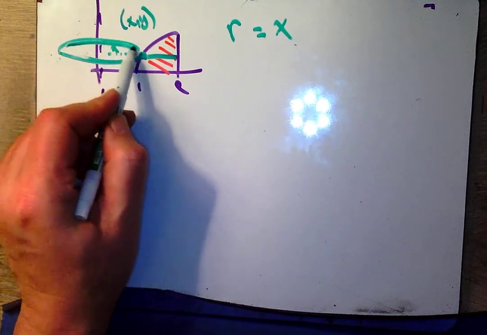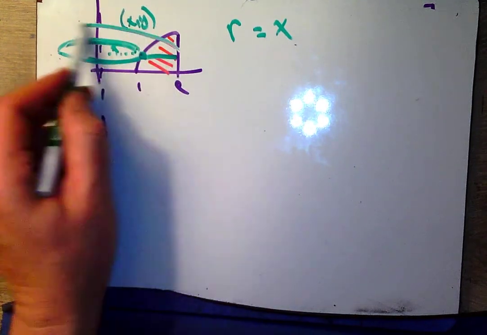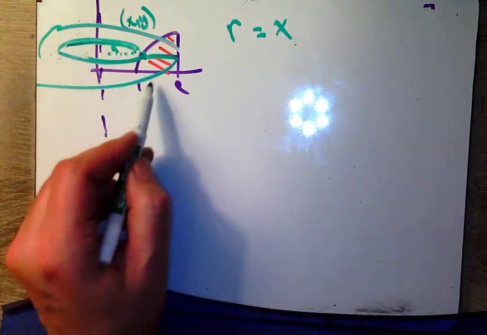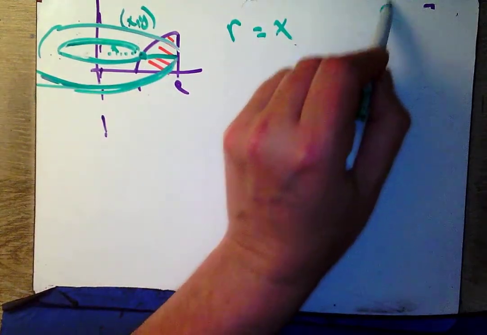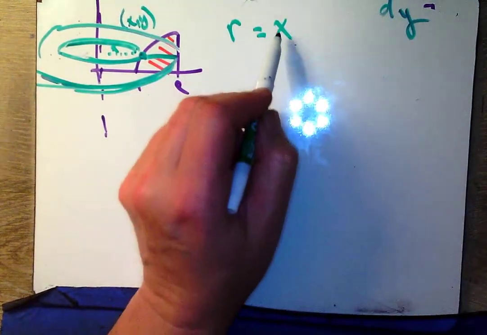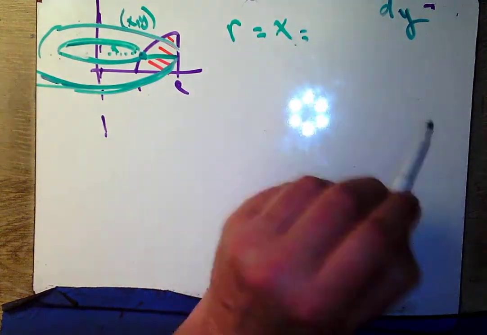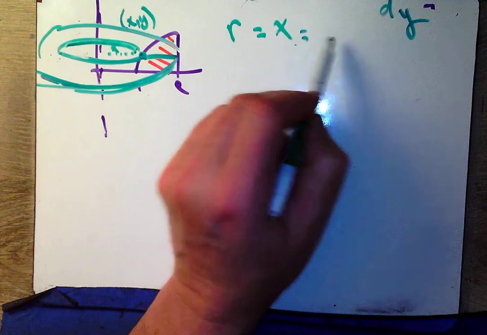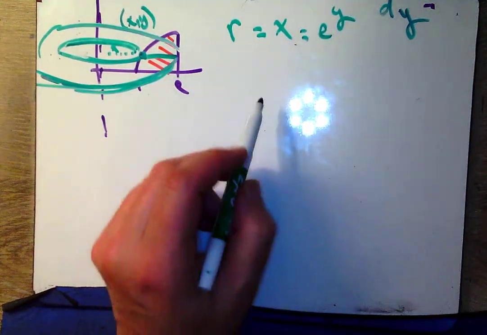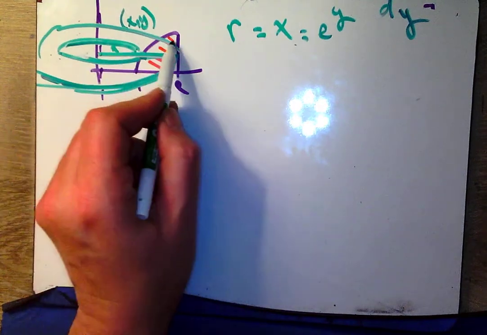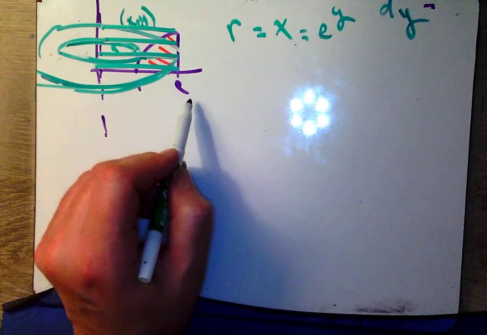However, the thickness of this washer is going to be vertical, and so we know we have a dy, which means I can't have an x here. So we solved for x a moment ago and said that x was equal to e to the y. Cool. Now what can we say about big R? Look what big R is. Big R is this constant.